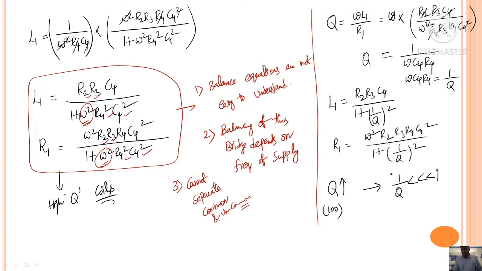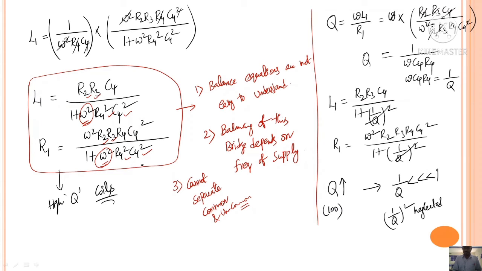Okay, it is very much less than 1, or 1 by Q square can be neglected. You can neglect 1 by Q square value when compared to 1. So you can neglect these two terms. In that particular case, the balancing equations will become much simpler than the previous one.